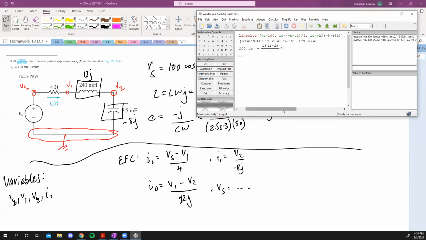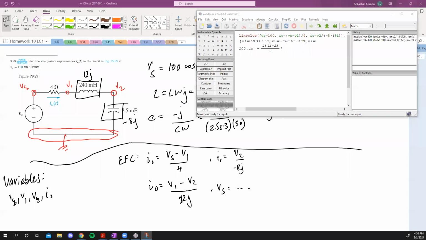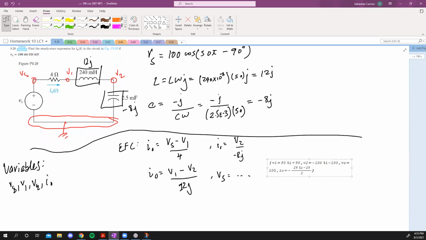Vs, that's 4. There we go. So now we should get the value here. Go ahead, take this out, put this in here, right? So you want to look at the value of I naught here.